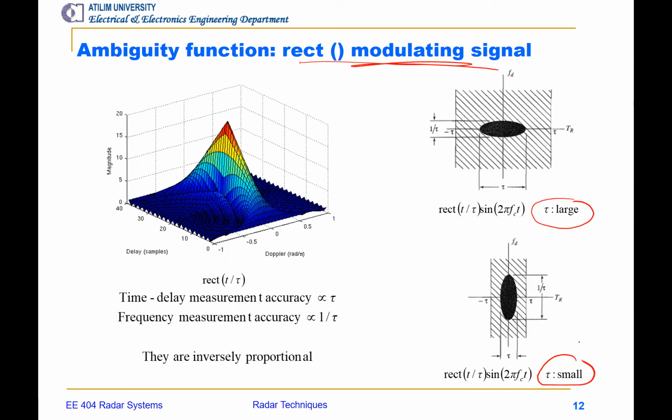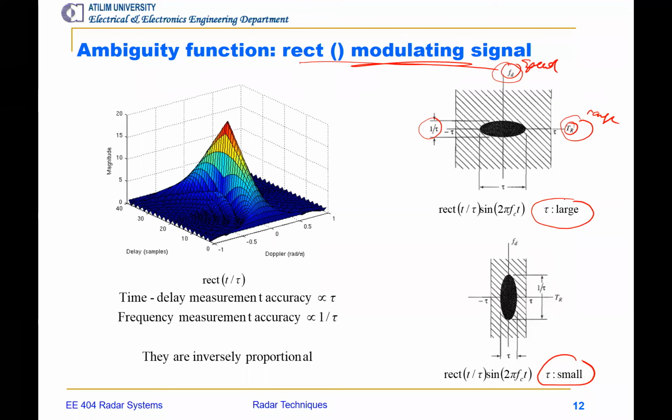As we have shown in the previous slide, the width of the ambiguity function is proportional to the pulse width over the range, and the inverse of the pulse width over the speed. Again, this is the speed and this is the range axis, so time and frequency Doppler shift.